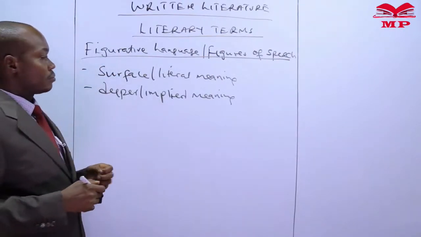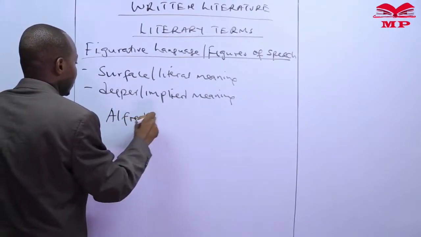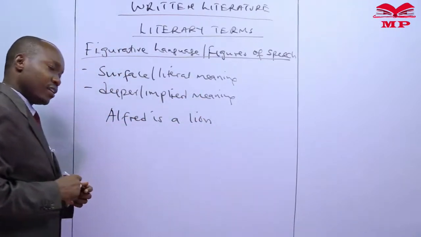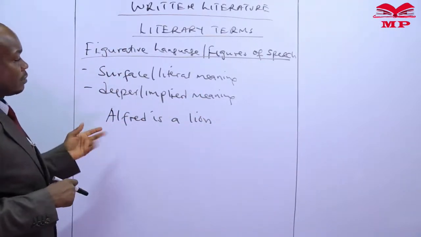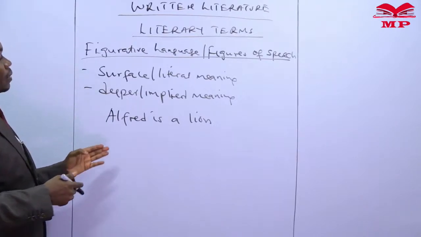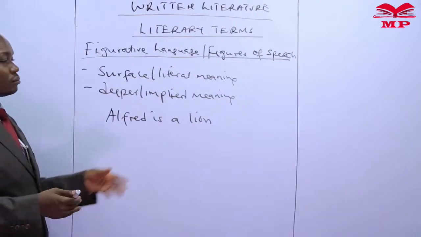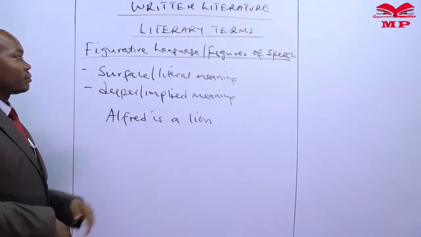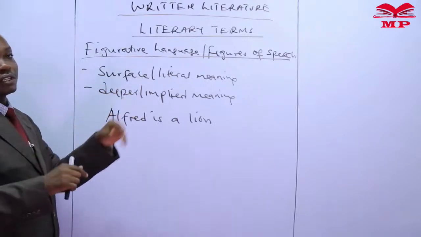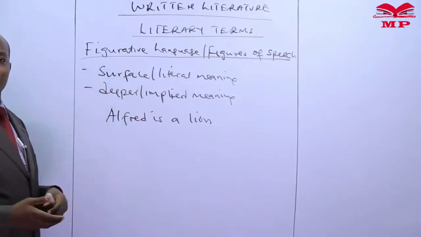For example, Alfred is a lion. Look at that statement. The surface meaning means that this person called Alfred is an animal, a lion. That is what you see on the surface, called literal meaning. But Alfred is not a lion, it's not an animal.